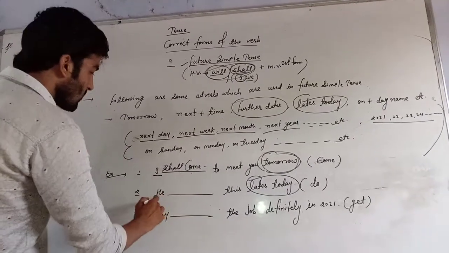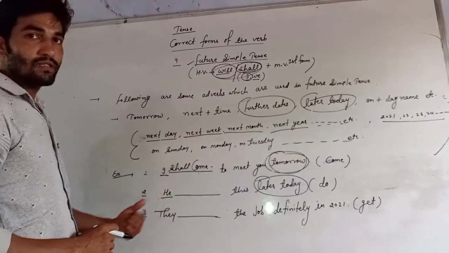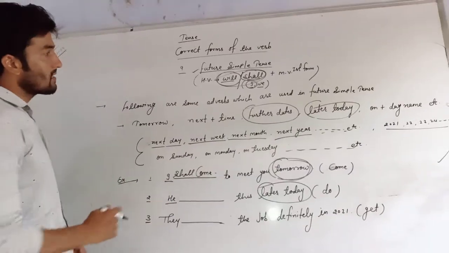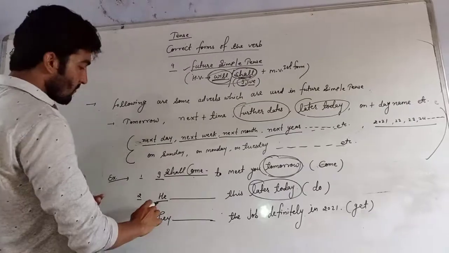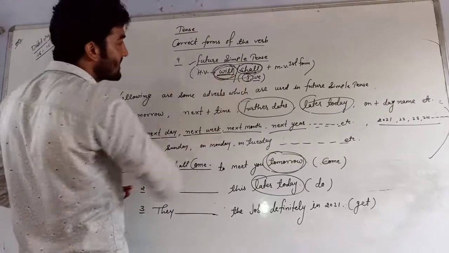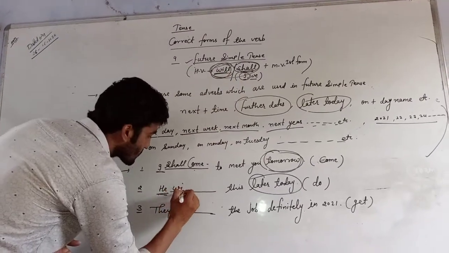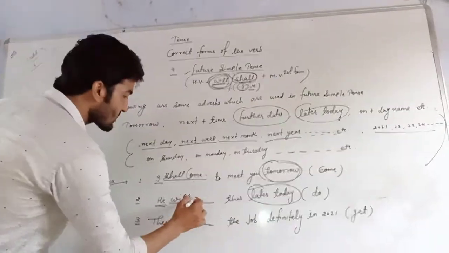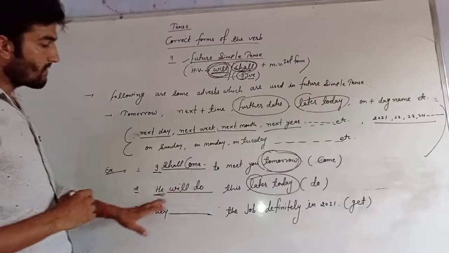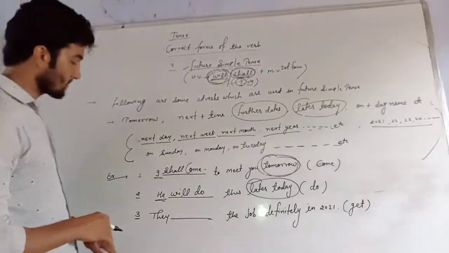So according to the subject, the subject is he, and will or shall will be used. With he we will take will, and the first form of the verb; do is the first form of the verb. So, he will do this later today.